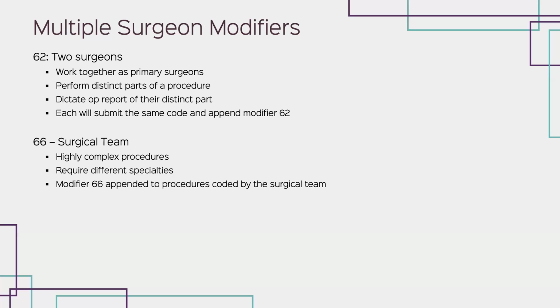When you have multiple specialties, there's typically a minimum of 3 or 4. These are going to be for your highly complex procedures, like your transplants, open heart surgeries, things along those lines. And then again, they'll all report their codes for the surgery, and then report a modifier 66.